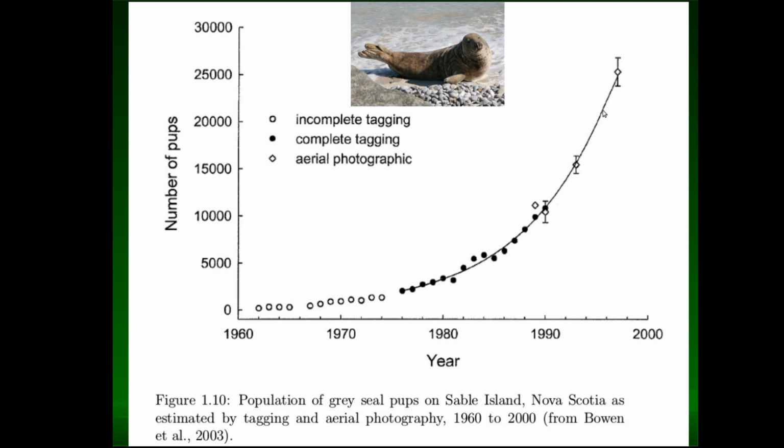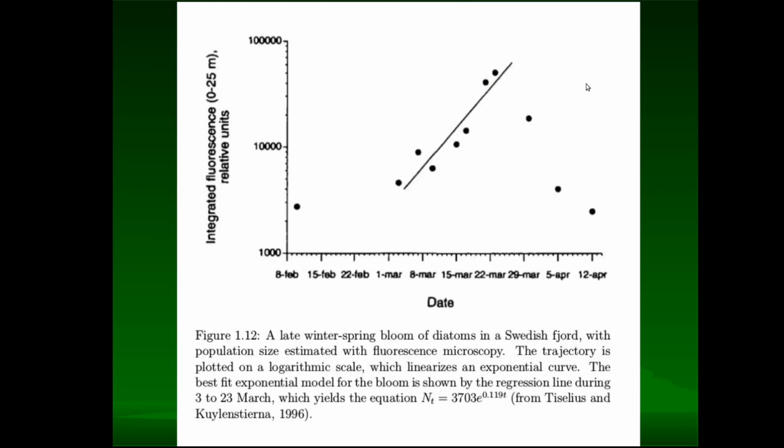Exponential growth also occurs commonly in single-celled organisms, such as in phytoplankton blooms. If nutrients are scarce, population sizes are small, but when upwelling occurs, nutrients, nitrogen and phosphorus, increase suddenly, and they trigger an explosive growth in the phytoplankton population.